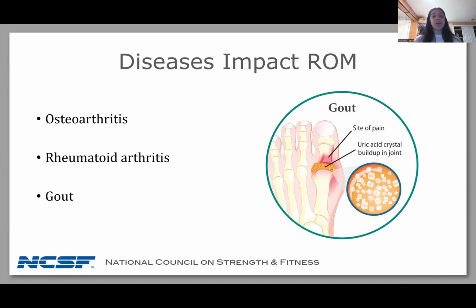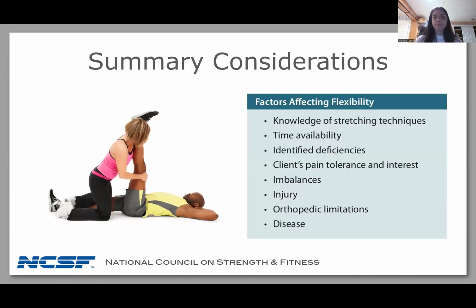Osteoarthritis is just inflammation of your bones and joints, rheumatoid arthritis as well. And then you have gout, which is a buildup of uric acid in any site of your body. This can happen in any spot for the most part.